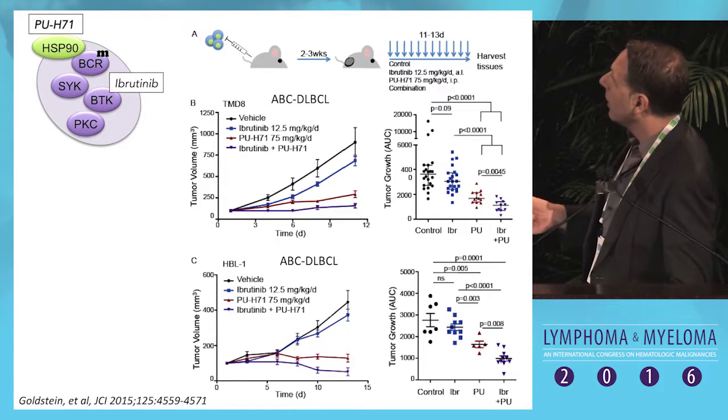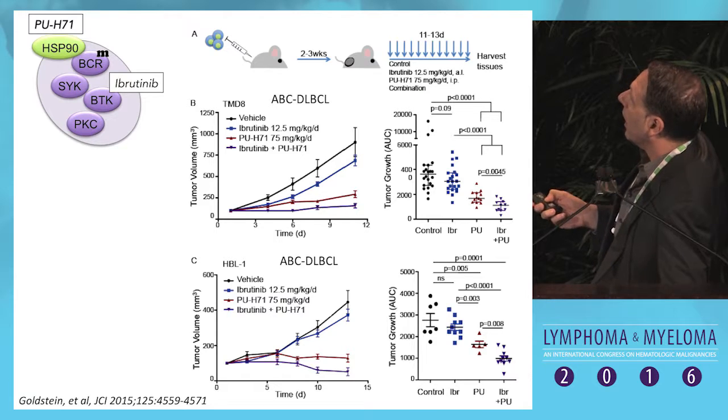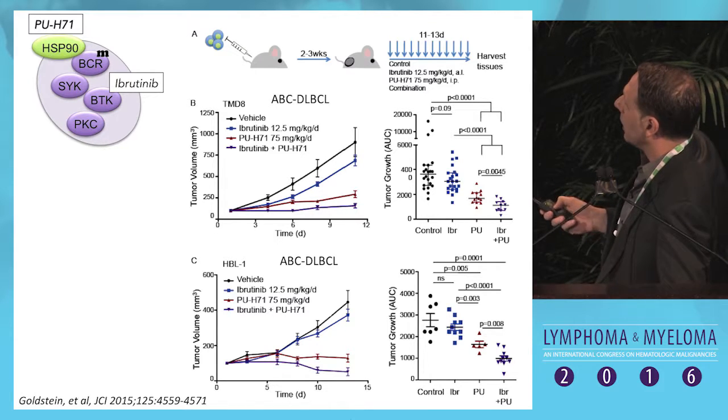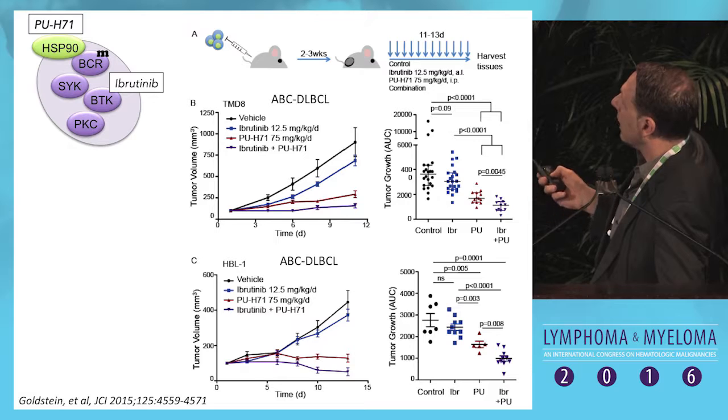Okay, here, to animal models, the same concept. Inhibiting HSP90 weakens all the other pathways and allows the ibrutinib to work much better. We prove in animal models as well. These are two different models of ABC DLBCL. You can see, compared to vehicle, ibrutinib is good.